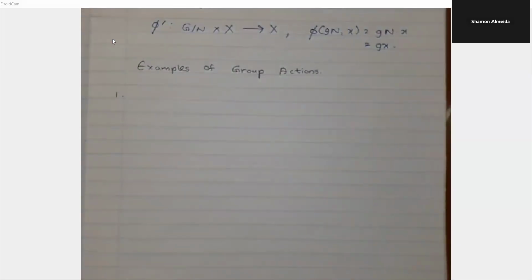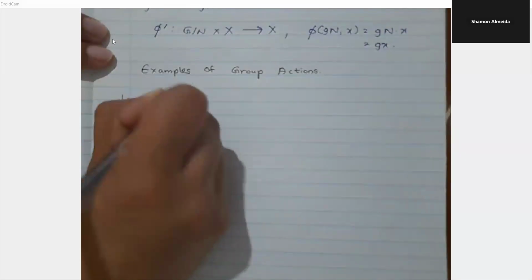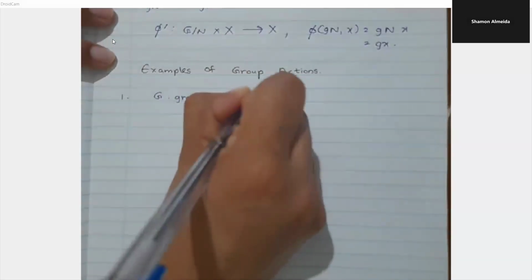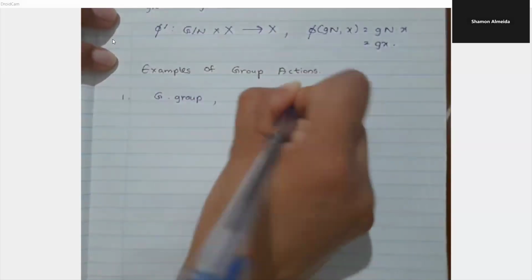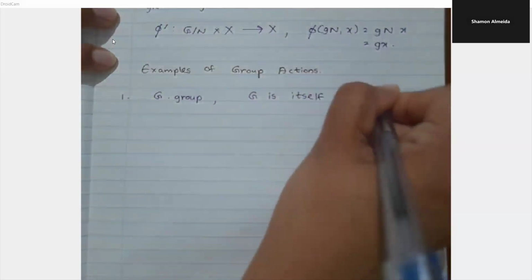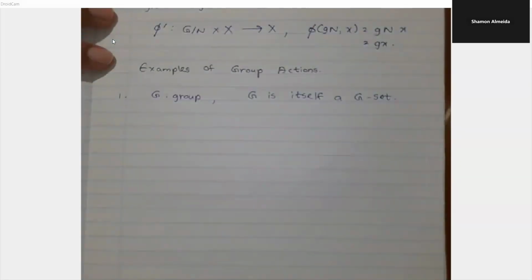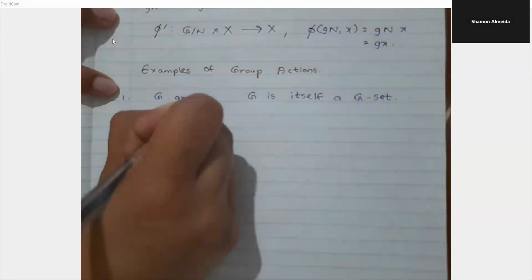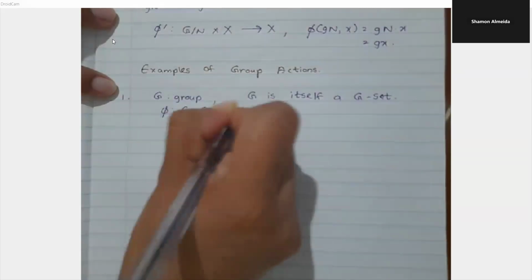We can write G as a G set itself, right? G is itself a G set. So G is acting on itself. There is a group action you can define from G cross G to G.